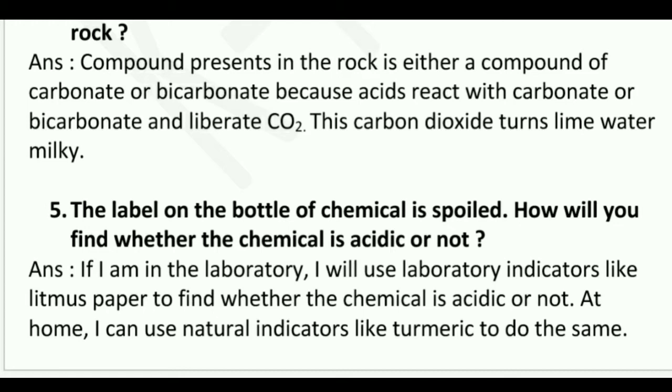If I am in the laboratory, I will use laboratory indicators like litmus paper to find whether the chemical is acidic or not. At home, I can use natural indicators like turmeric to do the same. Okay, children? Let's see the next one.